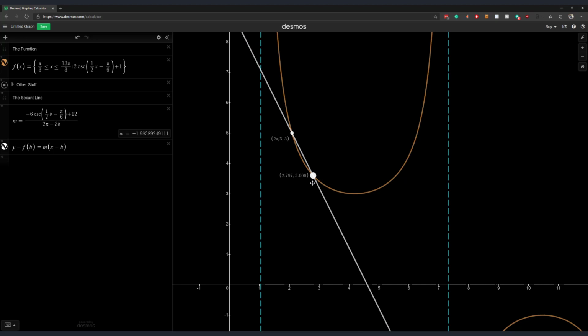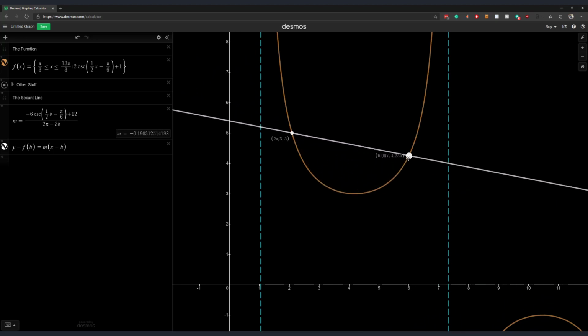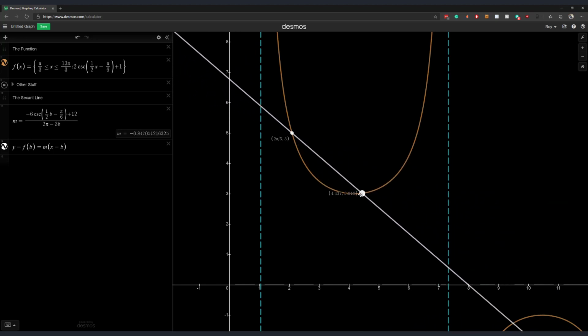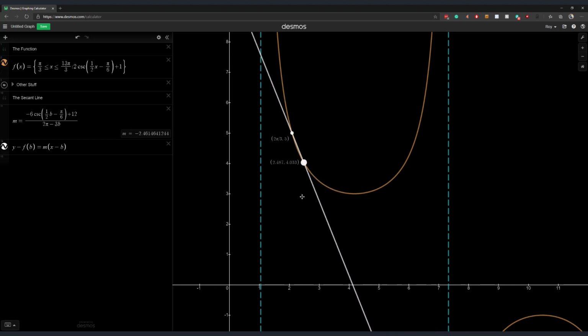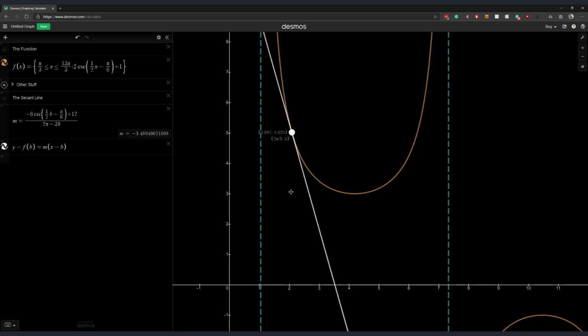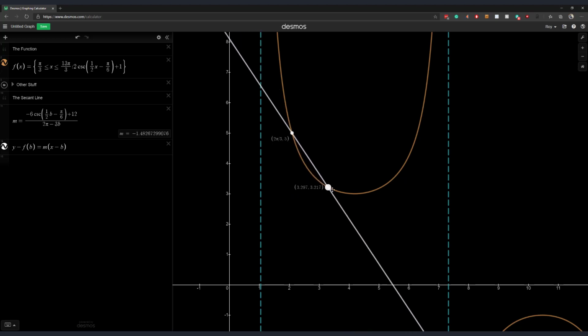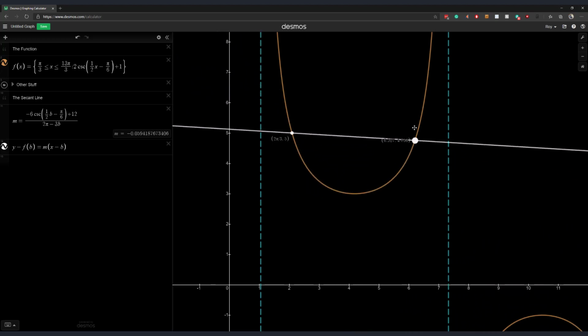So really, the ultimate goal in calculus, at least in calculus 1, I should say, is to bring these 2 points infinitesimally close together. You don't want them to actually be the same point because you'll have some issues. If they are the exact same point, you would then get division by 0. And we'll talk about that in the next video.